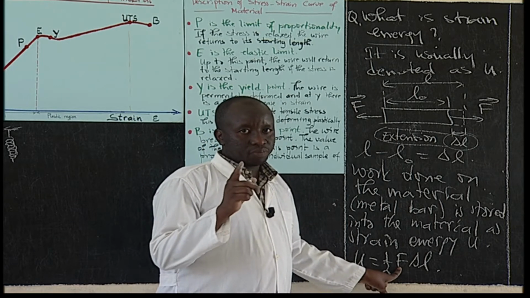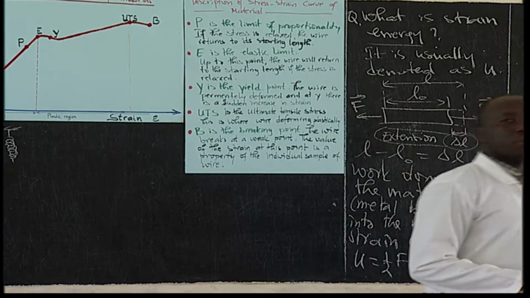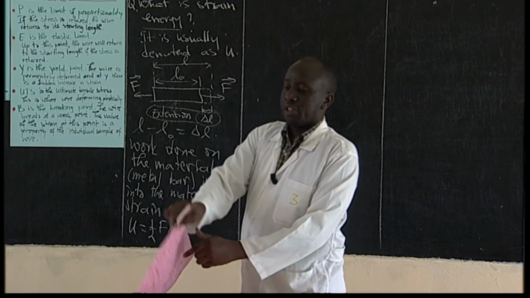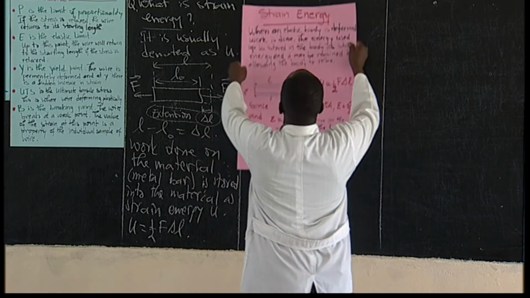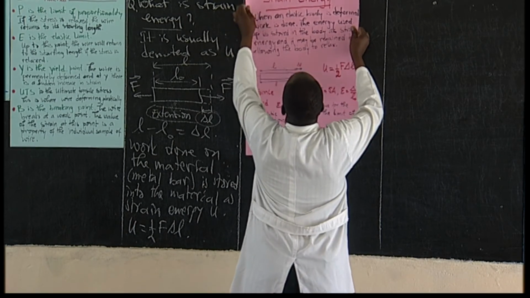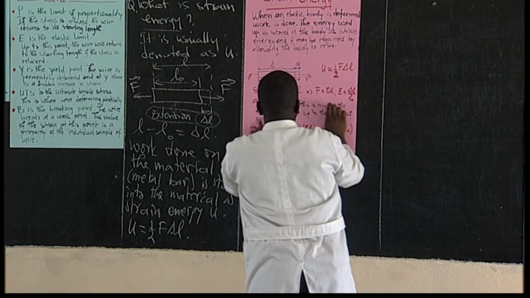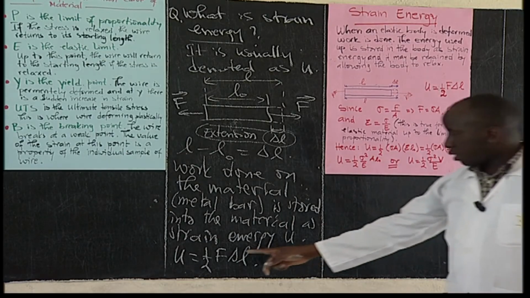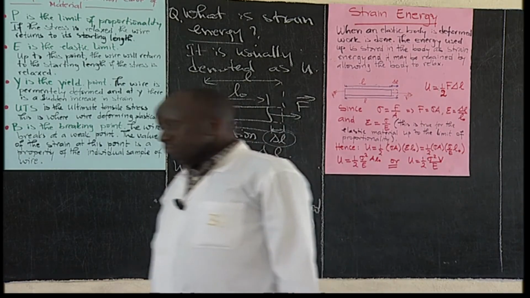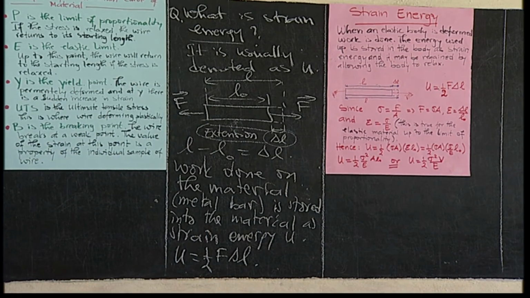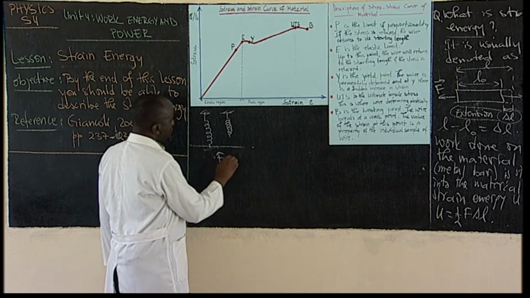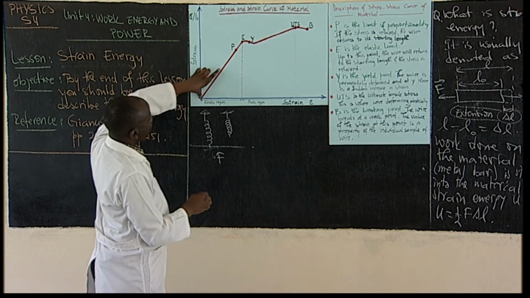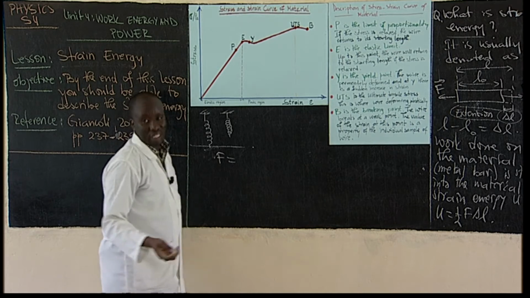Do you understand, students? I want you to follow this, and let's have a very quick explanation. From this diagram again, F will be equal to what?